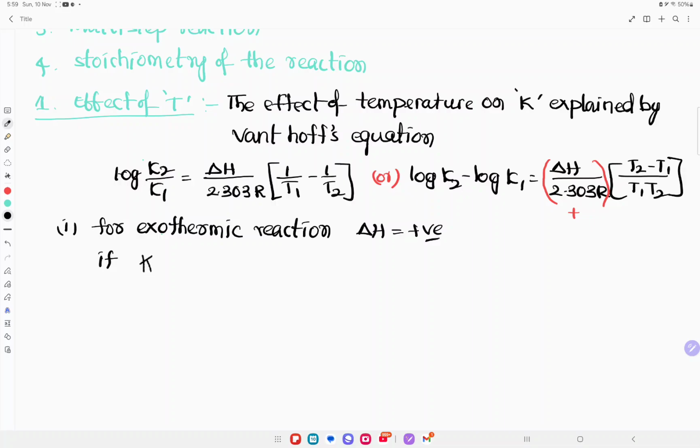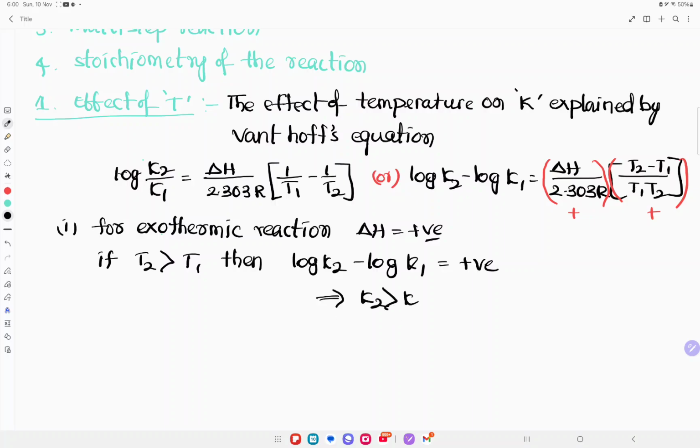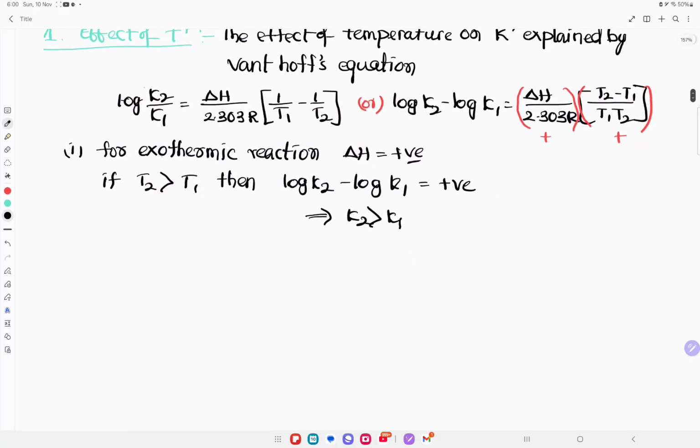If T2 is greater than T1, this term also becomes positive. Then log K2 minus log K1 becomes positive. That means K2 is greater than K1. What does it mean? If T2 is greater than T1, K2 is greater than K1.